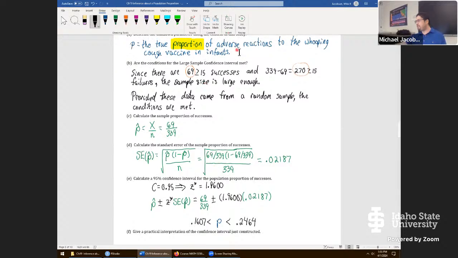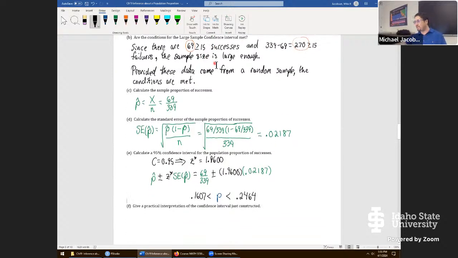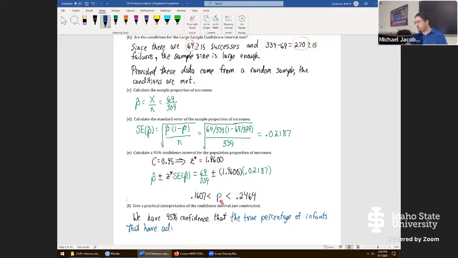Okay, well, our parameter was pretty fast to state, so we can probably just come right down here and write out, double checking the level of confidence, we have 95% confidence that the major thing of interest is P. It's a proportion, but I'll call it a percentage right here and say the true percentage of infants that have adverse reactions to the whooping cough.